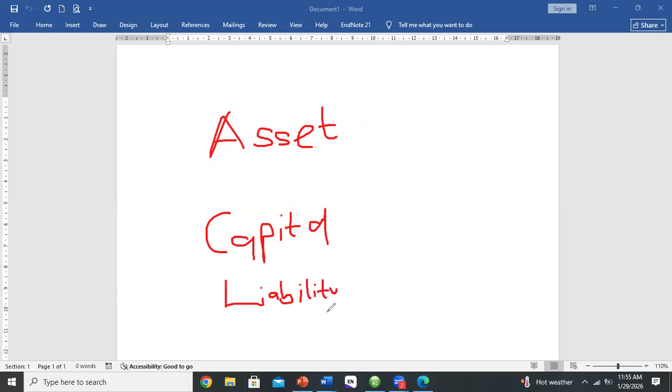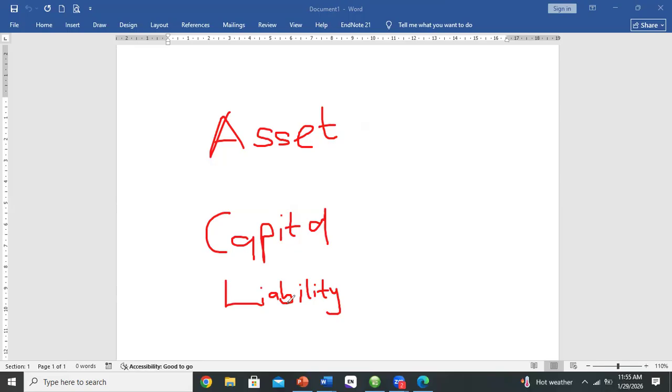Okay, I'll talk about the income and expense later, but let's focus on these three. So when you are given a transaction, you need to determine whether there is an asset, there is capital, or liability. In some cases, both will be assets. In some cases, you would have a liability and an asset, or capital and what? A liability. It can happen. You would have to do that analysis based on the transaction given.